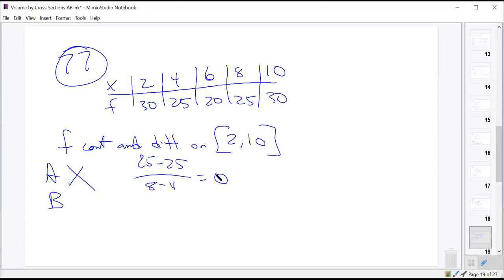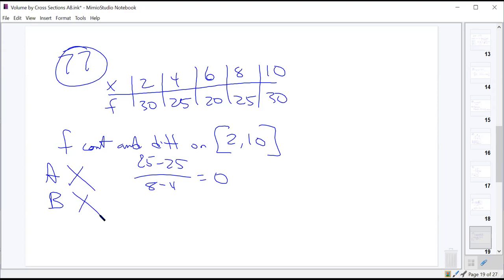The average rate of change is 0, which means somewhere between 4 and 8 the instantaneous rate of change is 0. That's the mean value theorem. But it doesn't guarantee that it's at 6. It's just got to be somewhere between 4 and 8. So not guaranteed.